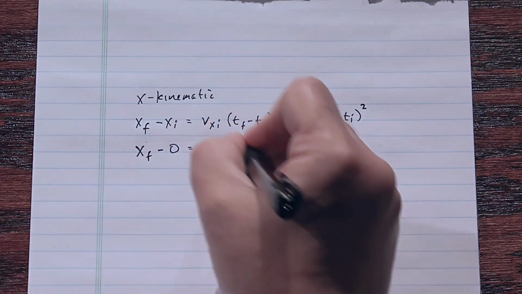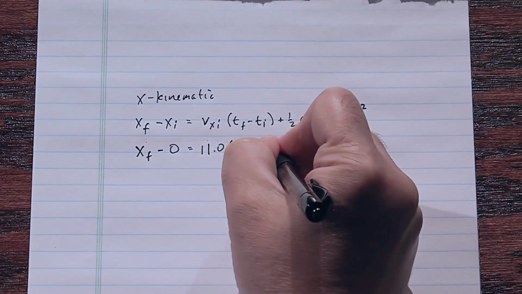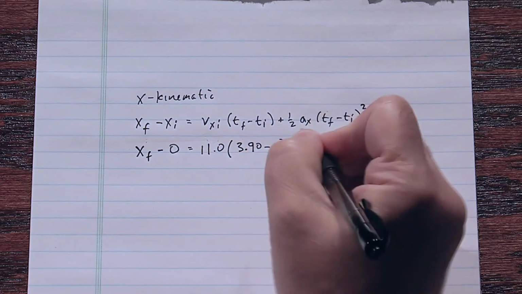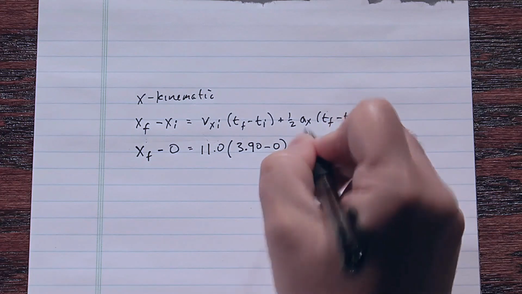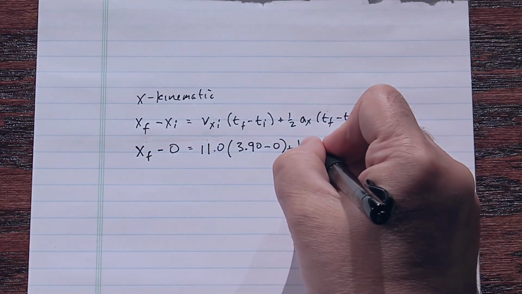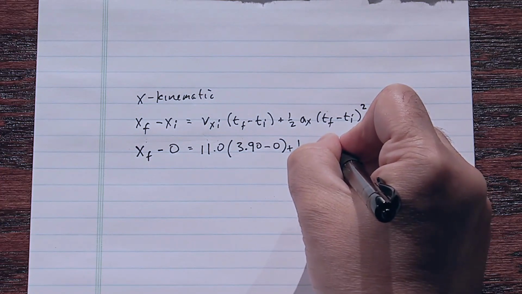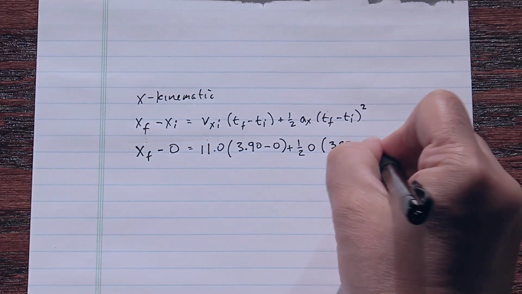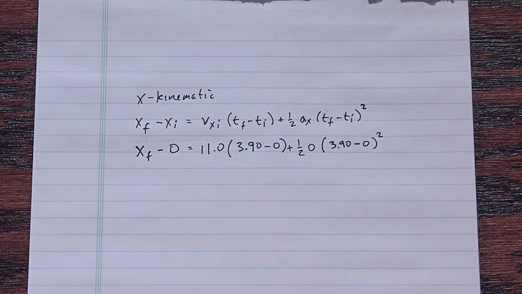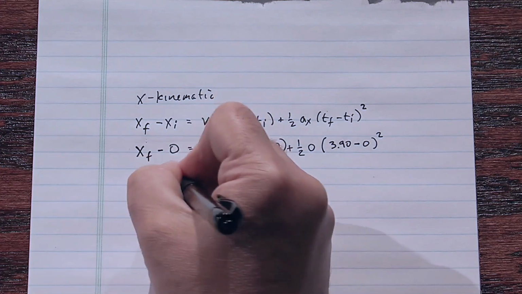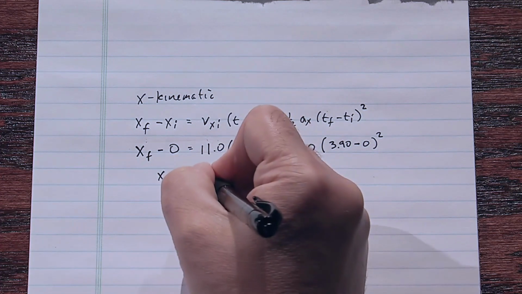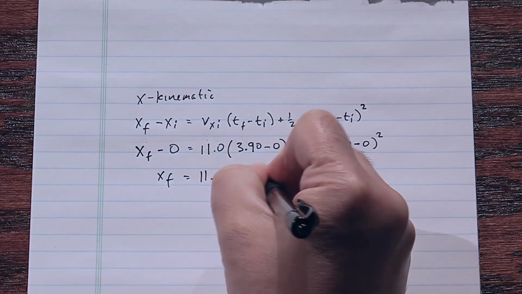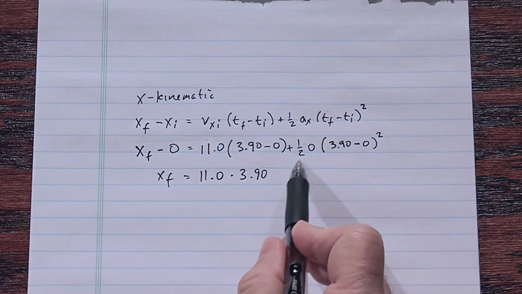T final, we now know, is 3.90 seconds minus T initial, which is 0, plus 1/2 Ax, which is 0, times T final, 3.90, minus T initial, which is 0, squared, or X final is equal to 11.0 times 3.90, because this final term here is 0.